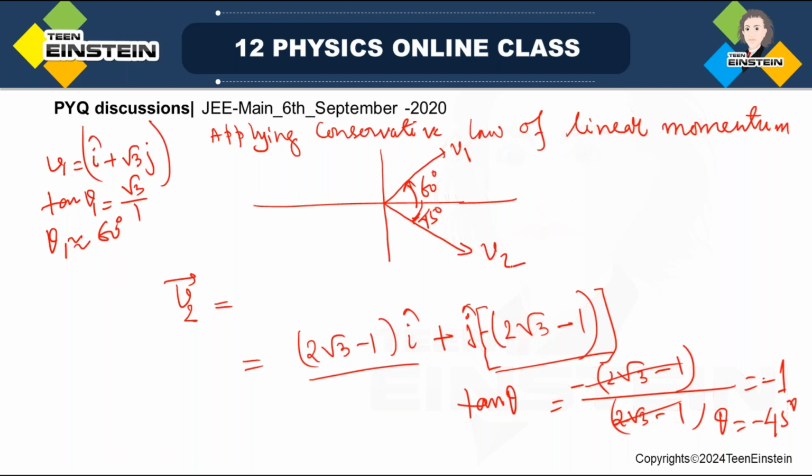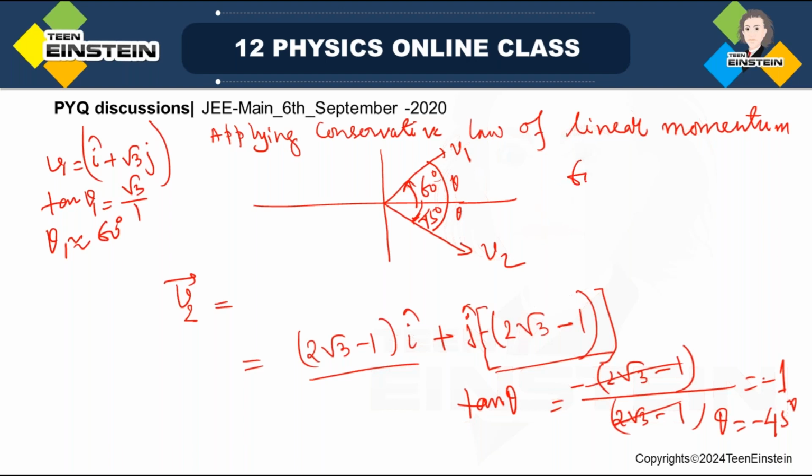So I have got direction for V1 and V2. Now if I see the angle between them, if this is theta, this is theta, so 2 theta. Okay, so sorry, these are not theta anyway. The angle is this one.